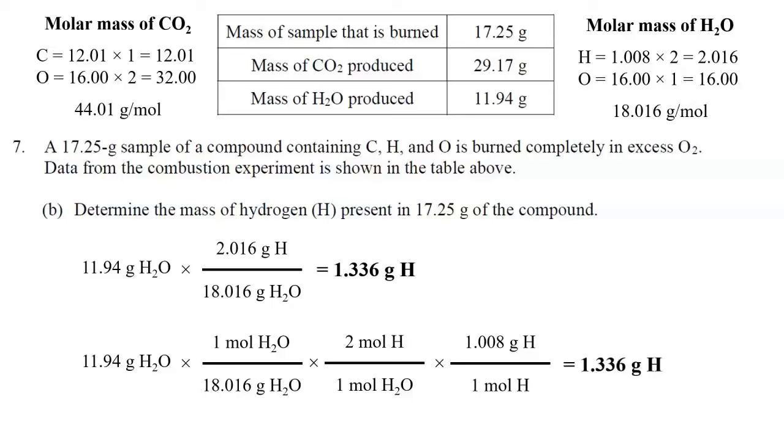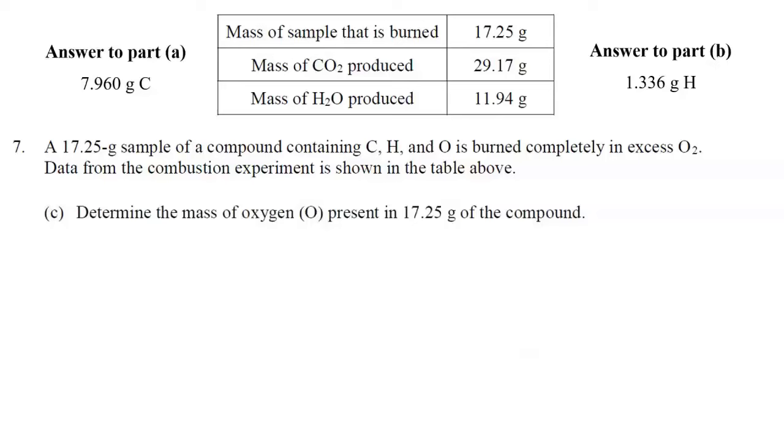All right, now that we know grams of C and grams of H, we can figure out the number of grams of O in part C. So we have our answer to part A, our answer to part B. So the mass of oxygen present in 17.25 grams of this compound is just going to be the difference.